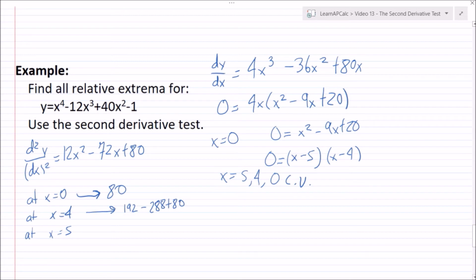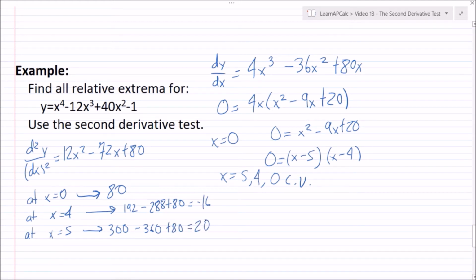And so doing this operation, I turn out to get negative 16. And at 5, it's a similar process, 25 times 12, 300, minus 72 times 5, which is 360, plus 80, and this is going to give me 20.